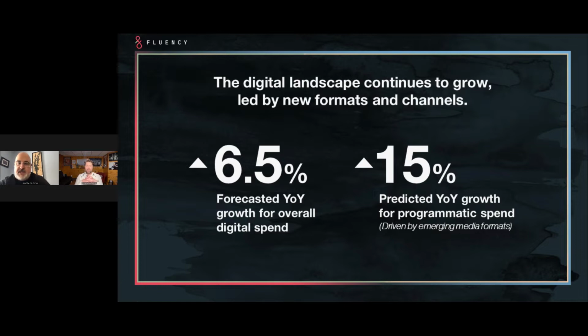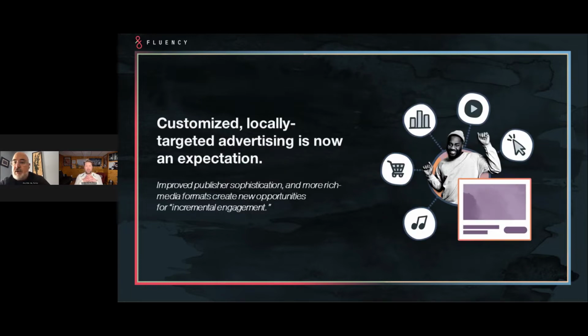So what does that mean when we talk about the consumer and the agencies and the brands that they actually serve? Well, one of the things that we know is agencies stand to unlock a lot of opportunity with all of these new formats.